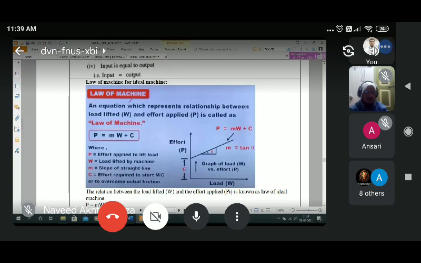An equation which represents the relationship between load lifted and effort applied is called the law of machine.